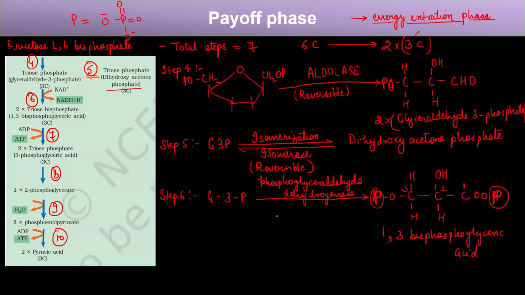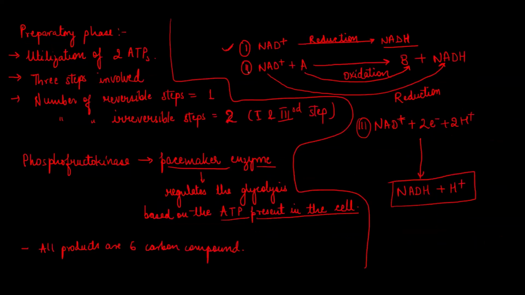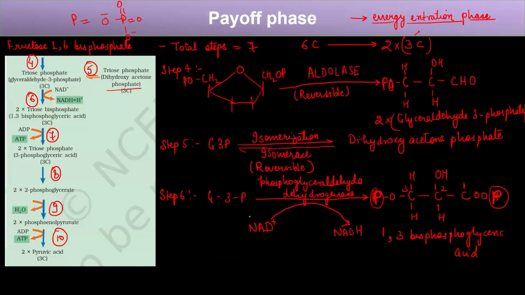Now, what does the dehydrogenase do? It is used when you have another substrate, that is NAD. This NAD is getting converted into NADH. Here we have two substrates, glyceraldehyde 3-phosphate and NAD+.